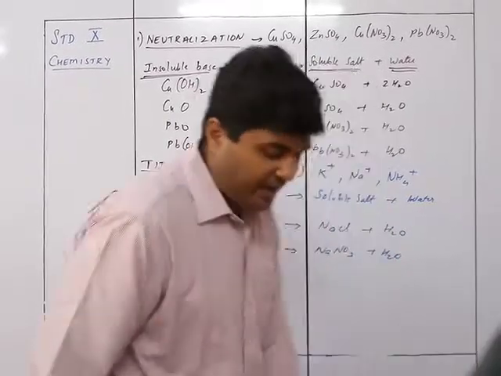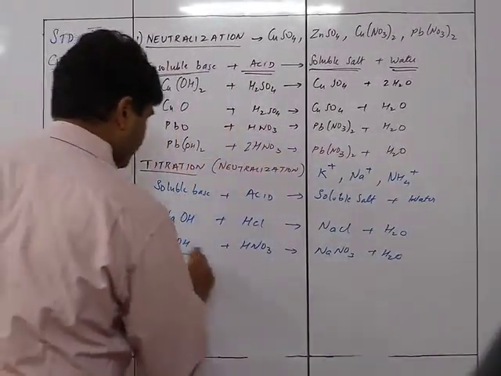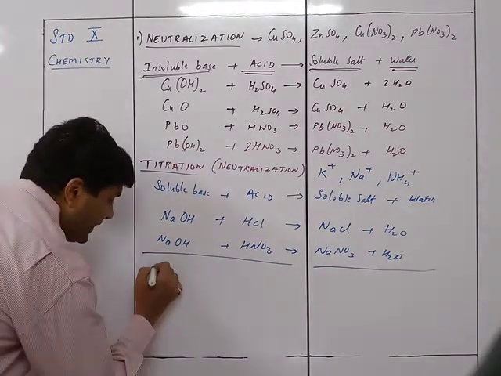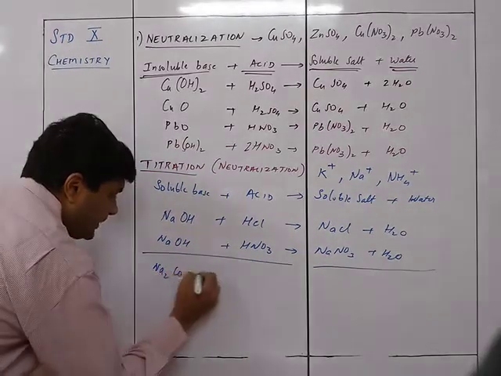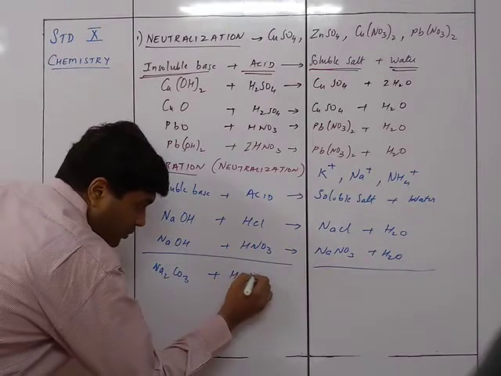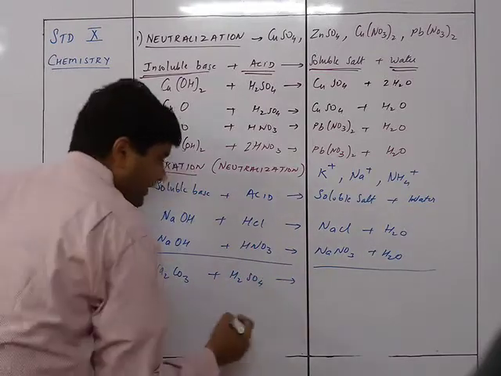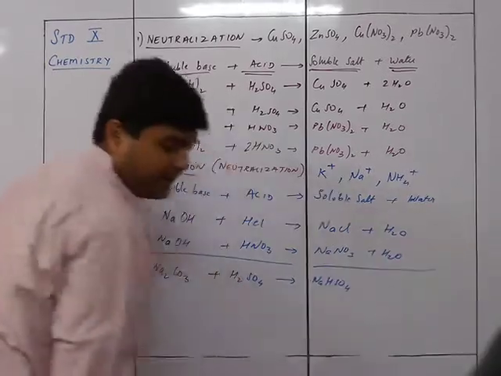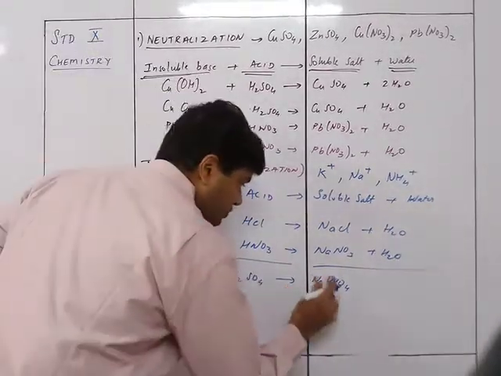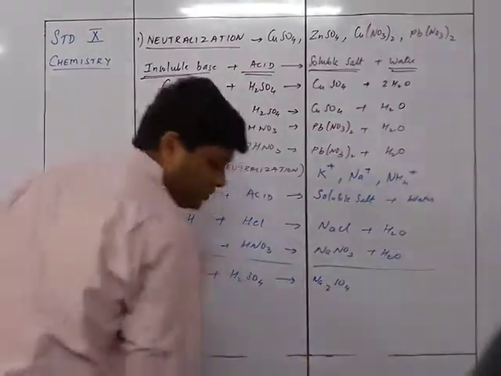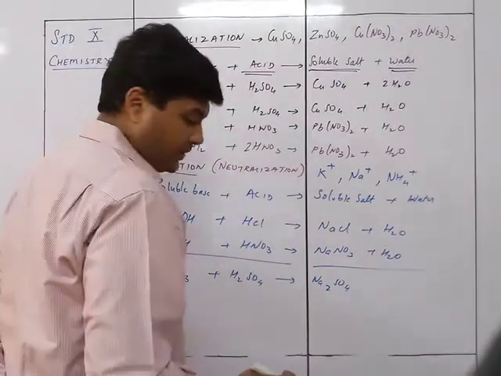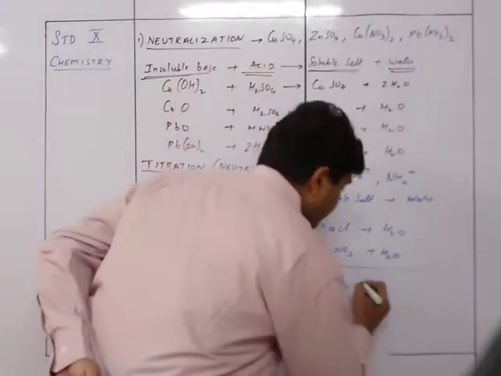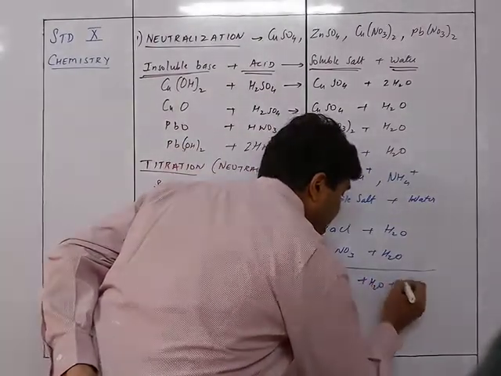So that's why we have over here that it could be Na2CO3 plus H2SO4 giving me NaHSO4, or it could be Na2SO4 also. Both the things are possible depending upon the temperature, and then it is going to give me H2O plus CO2.